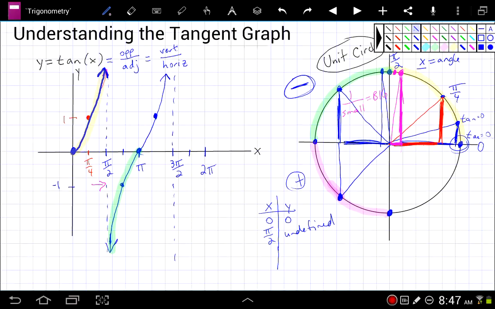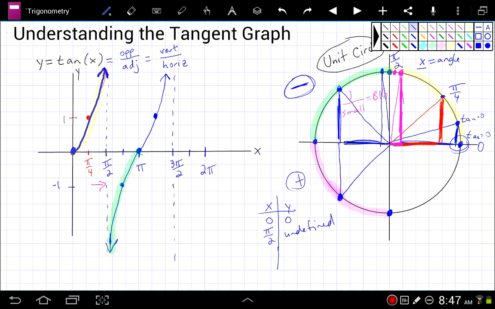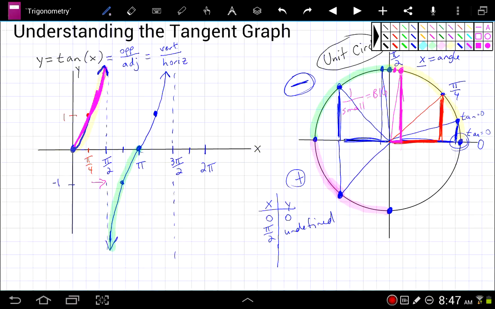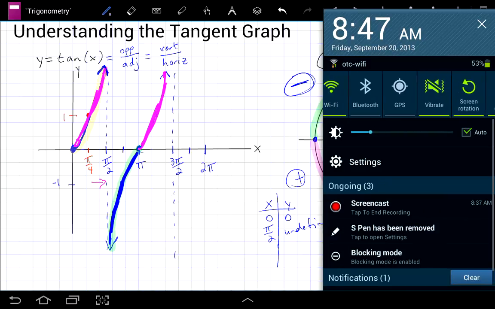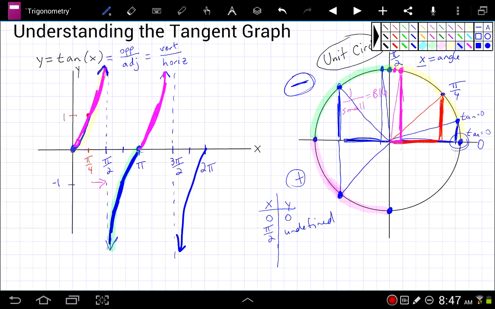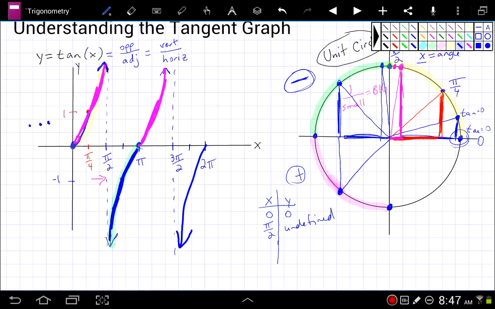So if I wanted to graph this next part, let's see how I can do this effectively. This part repeated right here. So now I need to repeat this part down here, which will give me this kind of thing. And now I could go on forever to the left and to the right.